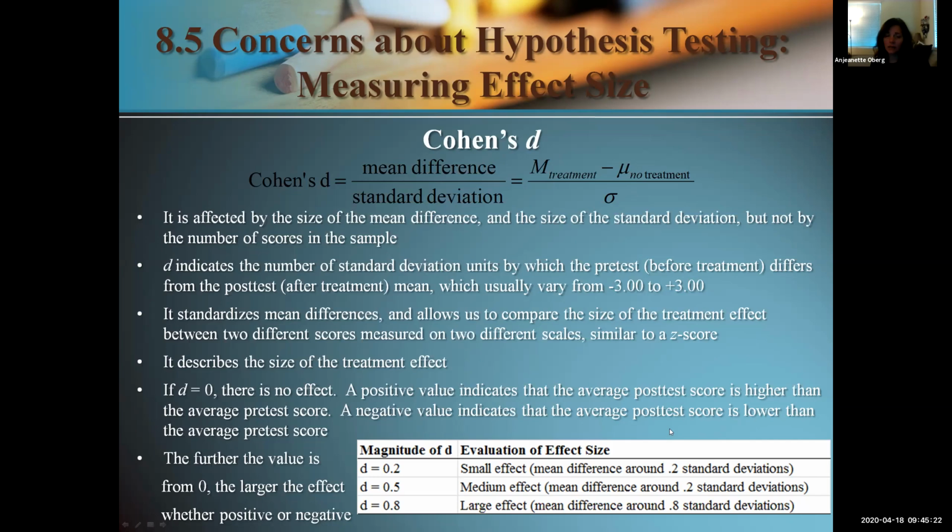Let me go back: 0.2 to anything below 0.5 is considered small. Anything from 0.5 to 0.79 is going to be a medium d. And then a large d is anything 0.8 and above.